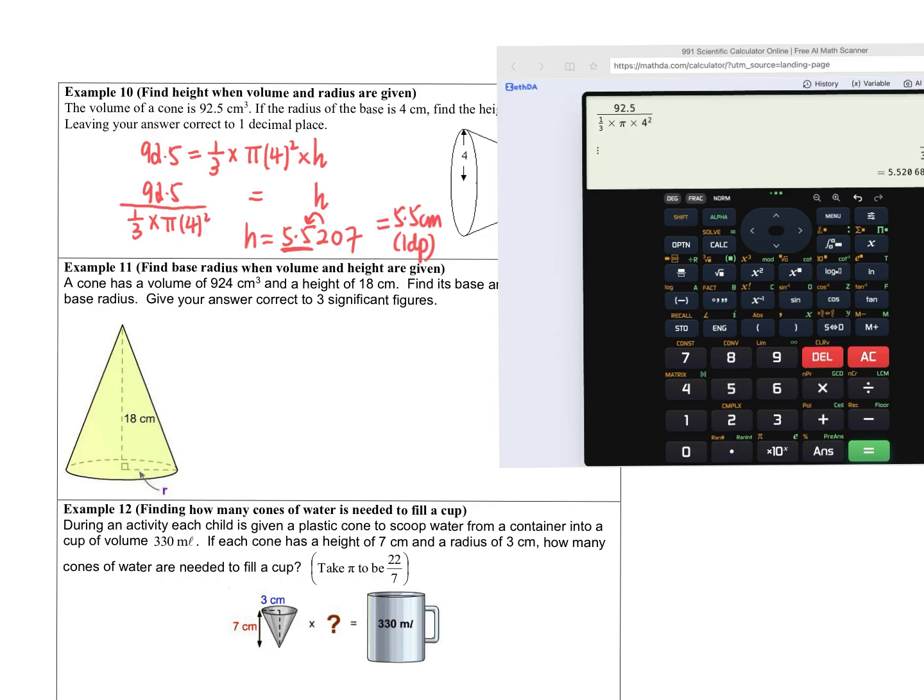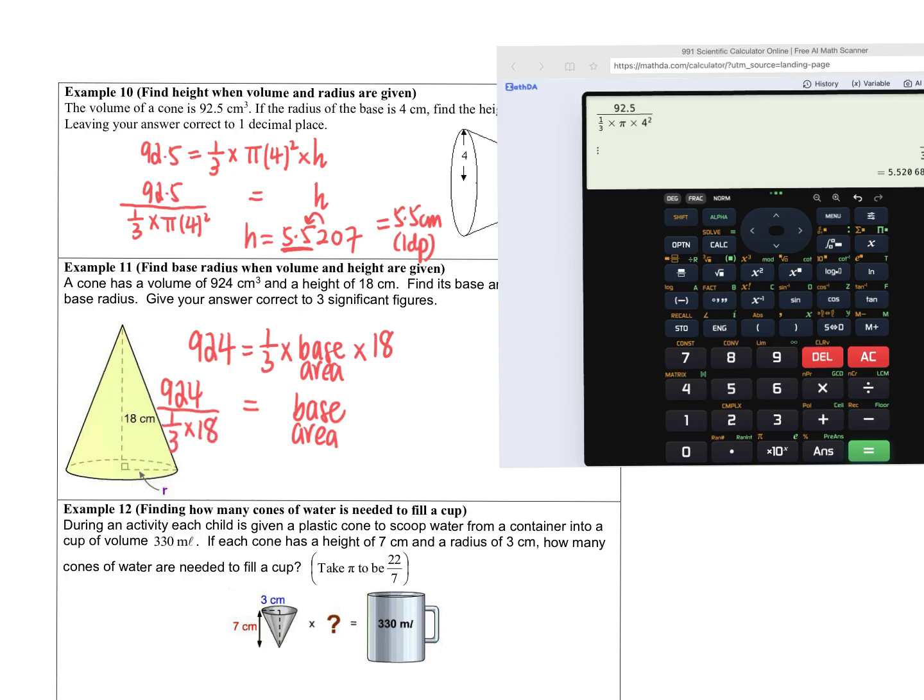Okay, next one. Volume 924 is 1/3 base area times my height, which is 18. So first they say, can you find base area first? So base area is just 924 divided by 1/3 divided by 18.